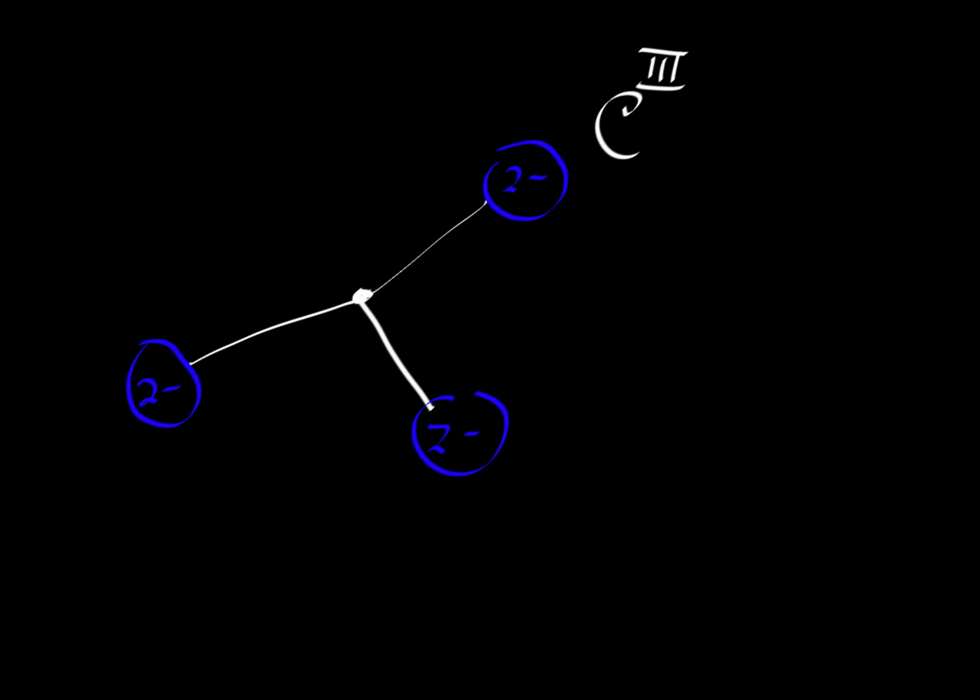Now let's take a look at the electrostatic valence bond strength for calcite, at least for the carbonate unit in calcite. Carbon has a 4 plus charge. It's being divided between 3 different bonds, and so each bond gets a plus 4/3 or a plus 1 1/3 charge.